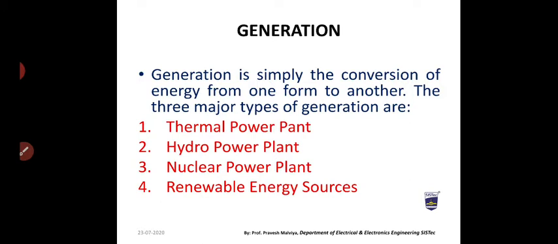And where this conversion takes place, it takes place in various power plants. Now the power plant can be a thermal power plant, hydro power plant, nuclear power plant, and renewable energy sources like solar PV, wind power plant, etc.